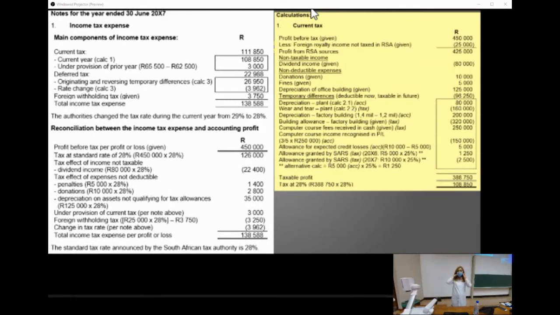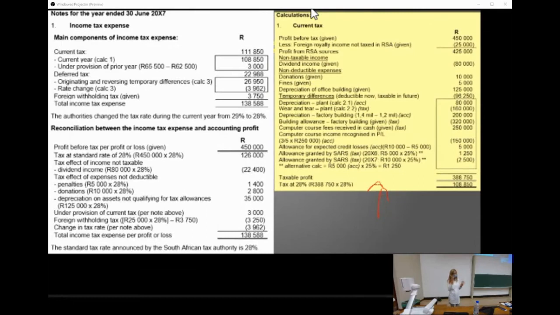So the first thing I want you to realize and to know is the difference between the calc and the note. You will not believe how many students, if I ask them for an income tax expense note, give me this calculation as the note.